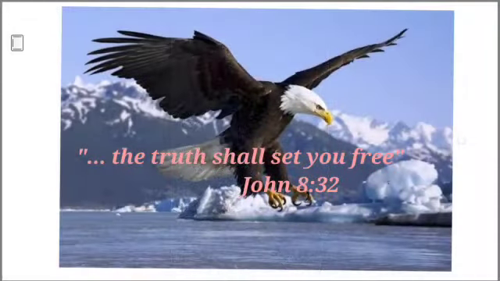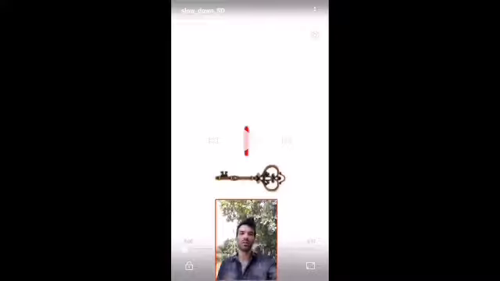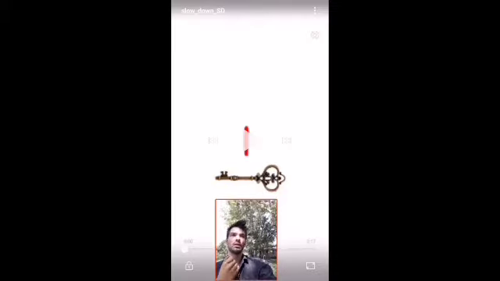If knowledge is the key, then learning the knowledge is the master key. The key is a representation. The key is representing the key of knowledge, the key of learning.